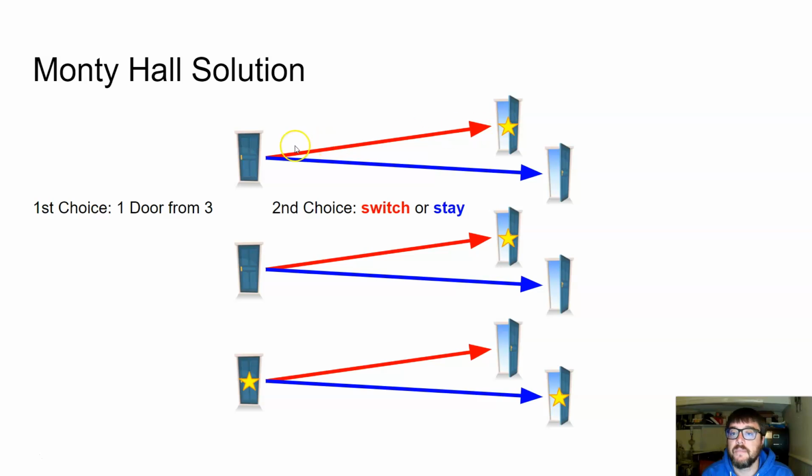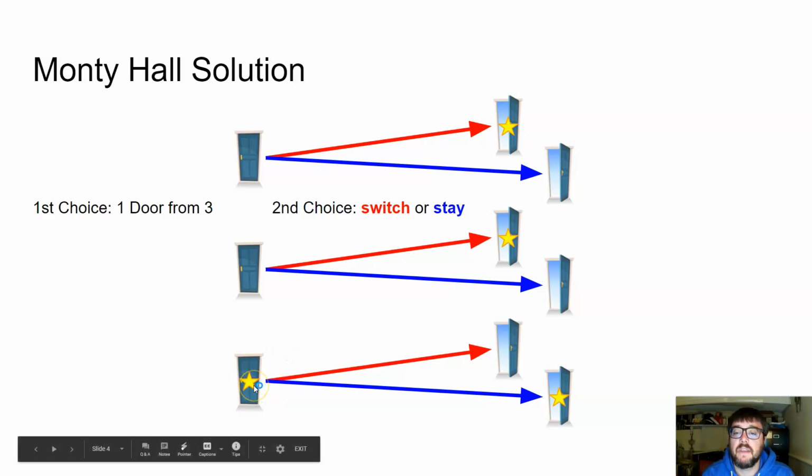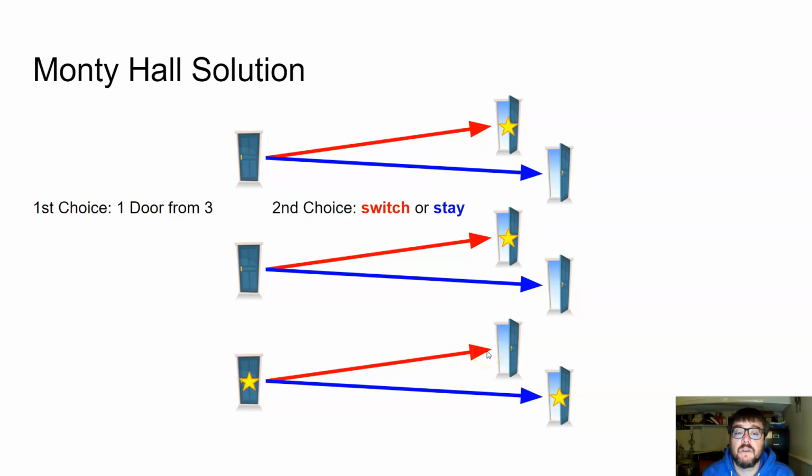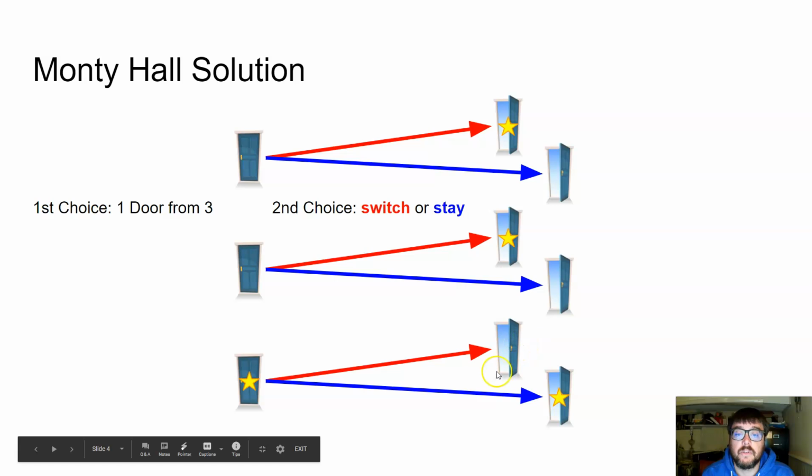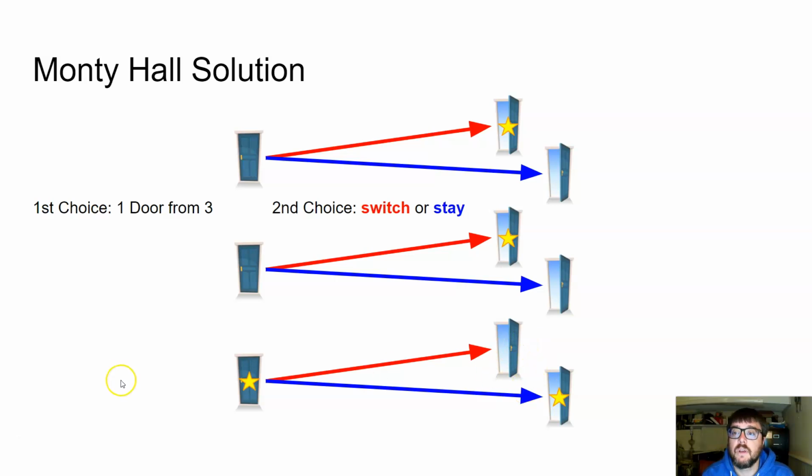If you switch, you win, because the other door that's been opened is empty. And then in this last case, if you picked the winning one in the first place, then if you switch, you lose. And if you stay, you win.